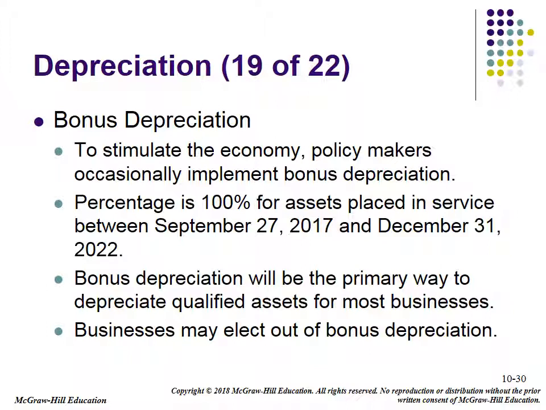If you don't opt out of it, you are to expense immediately personal, tangible property that has less than a 20-year life that you purchased this year, 2018, new or used. And these rules apply through 2022.